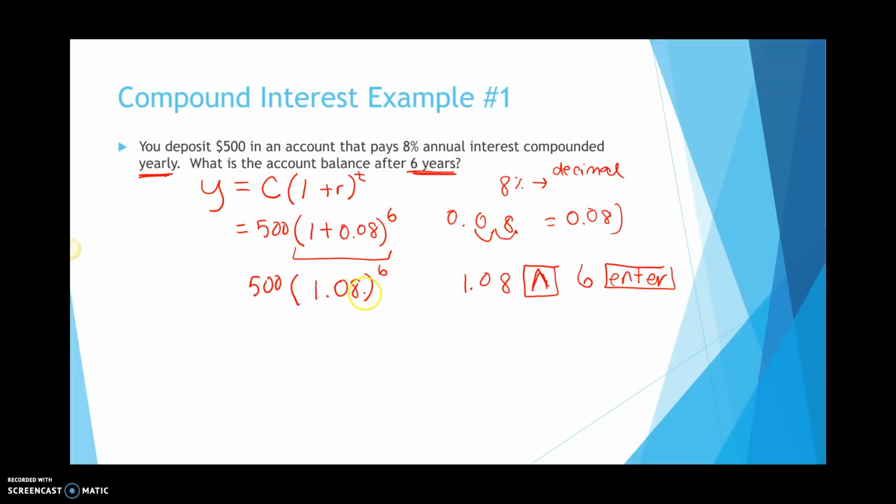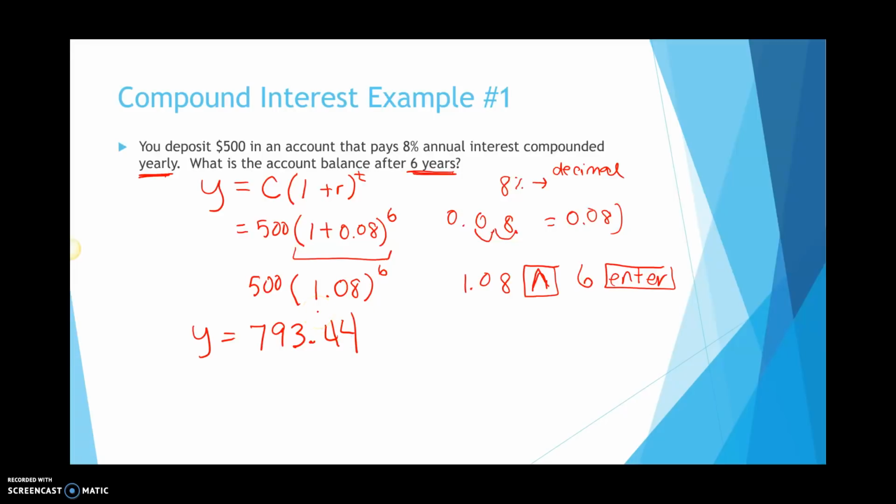Then you take that decimal answer and multiply it by 500, and your y value is going to give you 793.443, and then the number next to the 3 you can round up to 4.